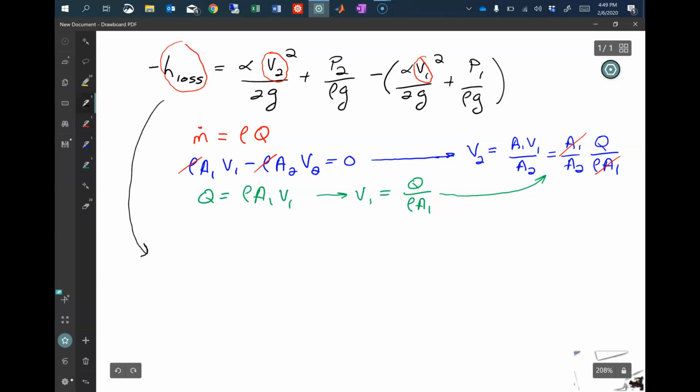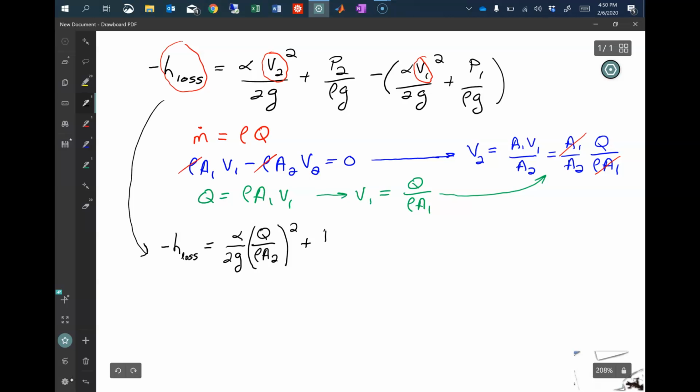In the top equation, I would have minus H loss equals, and this would be alpha. Alpha is known, right? V2 is equal to Q over A2 rho. So that's V2 squared divided by 2G. So that's the first term.